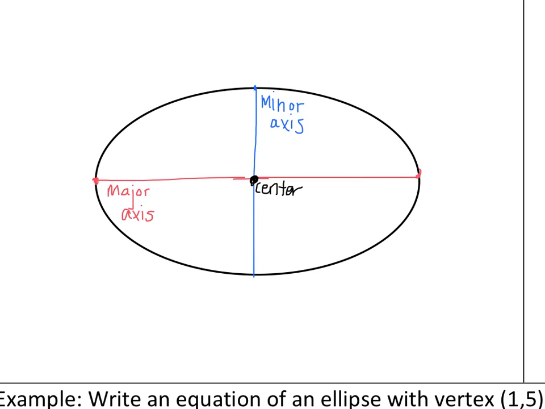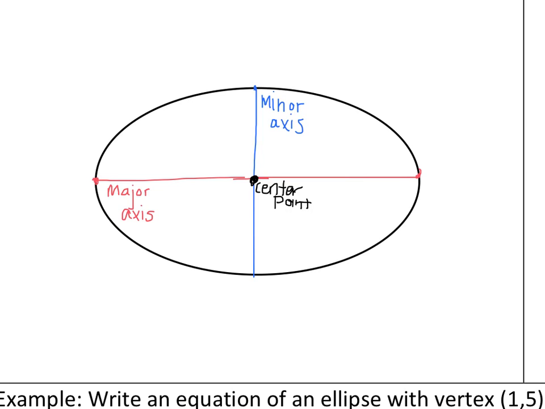Just like the circle yesterday had a center point, the ellipse has a center point. In the formula, that center point is H, K, just like it was yesterday for circles. So that didn't change. The ends of these axes are called our vertices. Each end is a vertex.